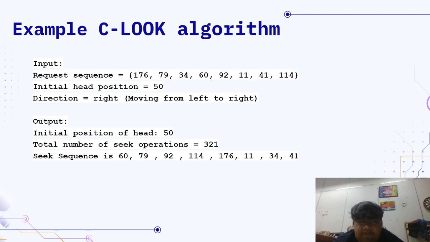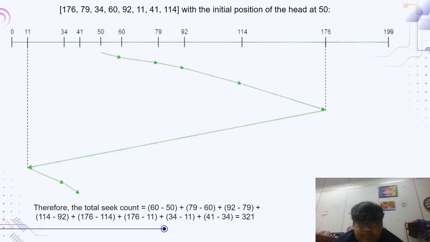We start with 50. The seek sequence is 60, 79, 92, 114, 176, 11, 34, and 41. The total number of seek operations is 321, so we sum all of the seek sequence.